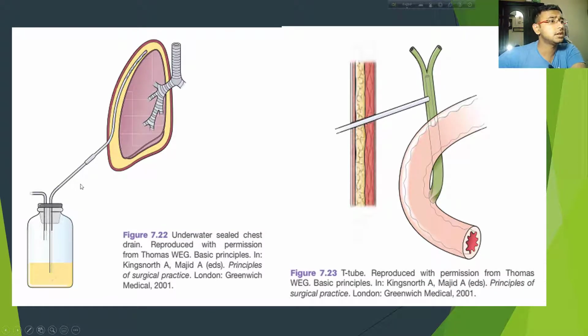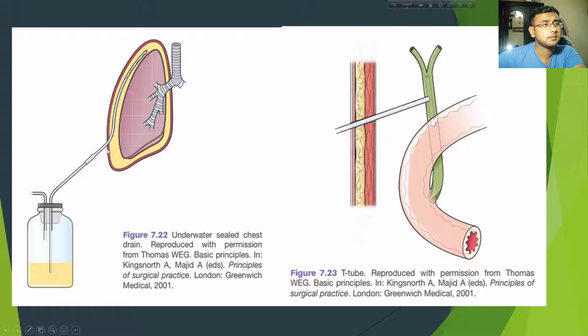Here you can see the chest drain, one end open in the pleural cavity, one end underwater. In that case negative pressure is maintained, and the bubbles that come from the pleural cavity will escape through another opening. So it is the chest drain, also called the water seal drainage. Water is used for sealing the pleural space here.